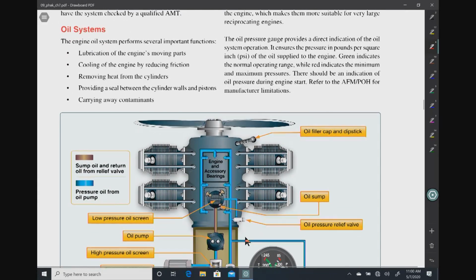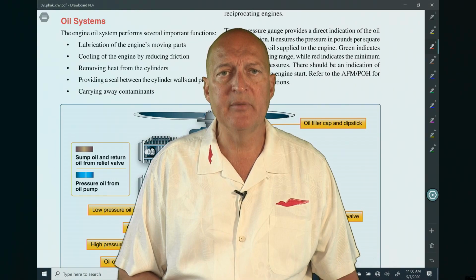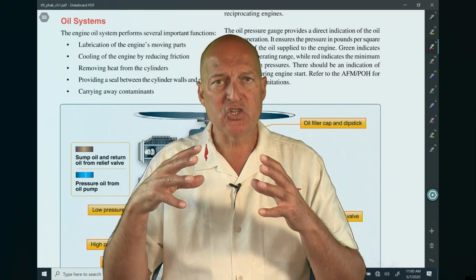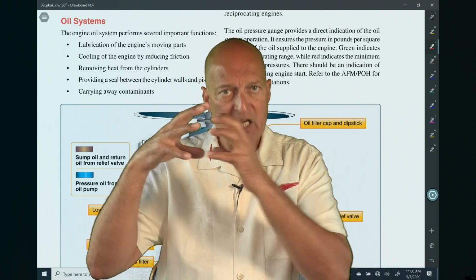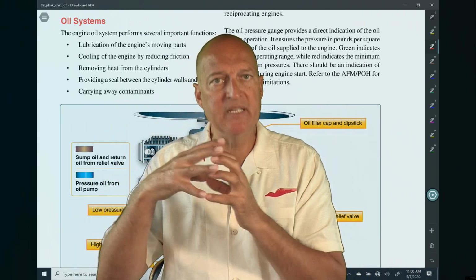We look at oil systems. Oil is one of those things that we talked about in a previous class when we were referring to the OODA loop. Well, the oil system here, as you look at the bullet points, you can see that you have a lubrication element to it because, as you can imagine, when you look at the cylinder and the piston, you have a lot of metal that has the potential to be scraping together.